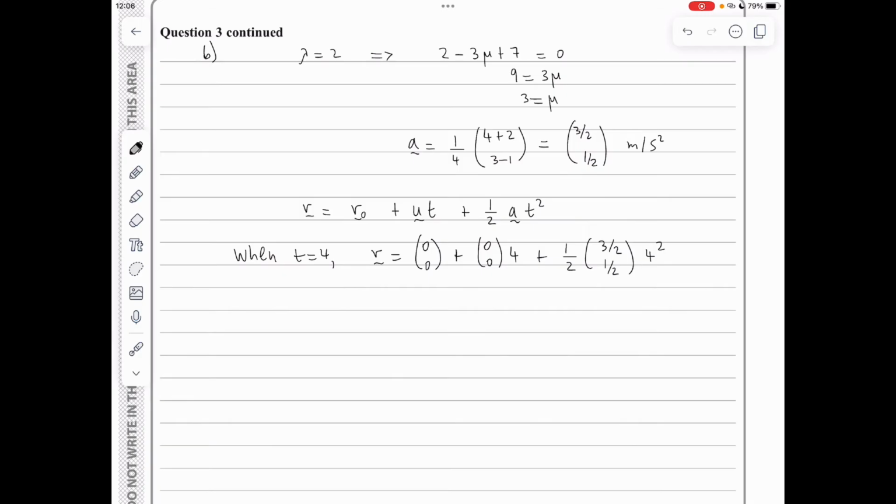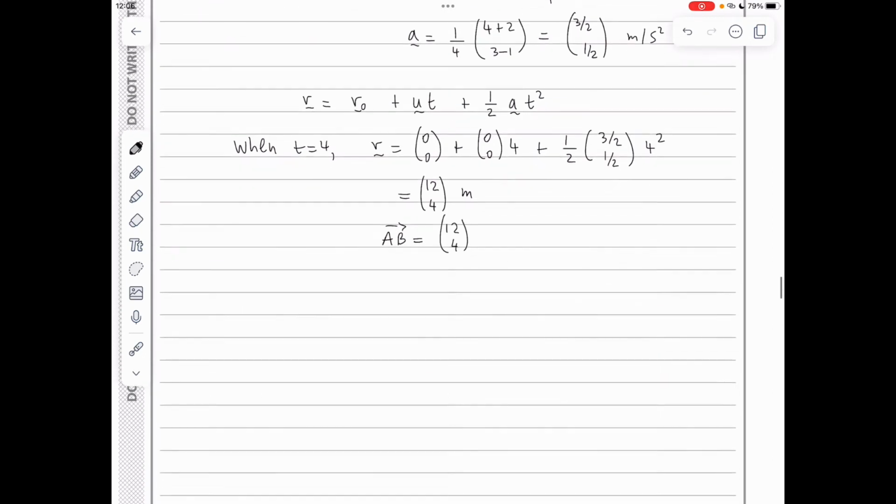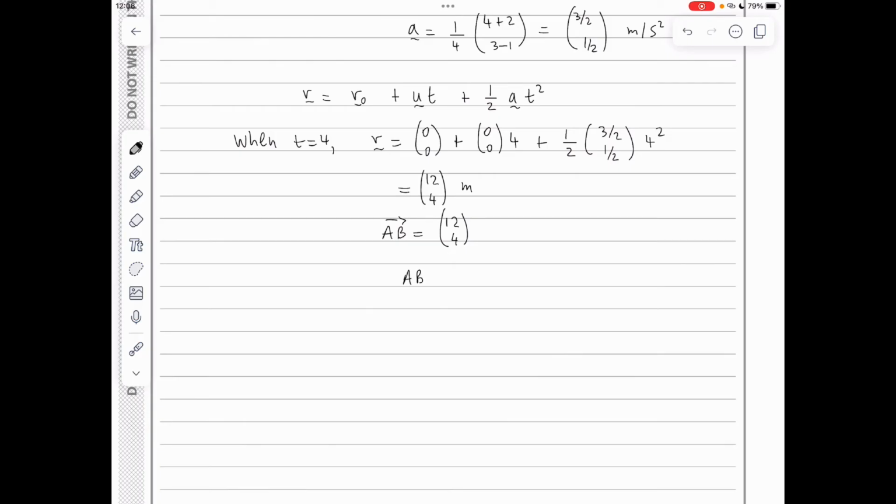So substituting all of this gives me (12, 4) meters. This is the vector AB, and all that is left to be done is for me to find the magnitude of this. So the magnitude of AB through Pythagoras would be the square root of 12 squared plus 4 squared, which gives an answer of 4 root 10 meters.